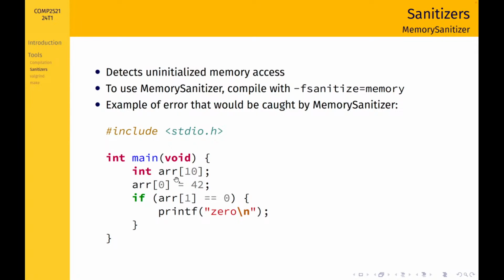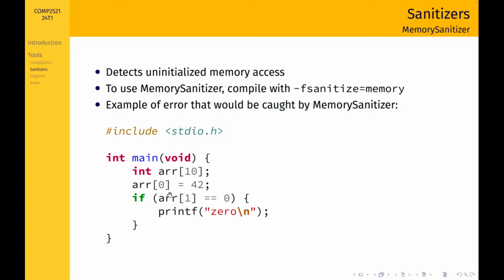We create an array of size 10, but we don't initialize it. Notice that we're not initializing any of the elements. We set one of the elements, so we've initialized one element of the array, but then we try to check the value of another element in an if statement.